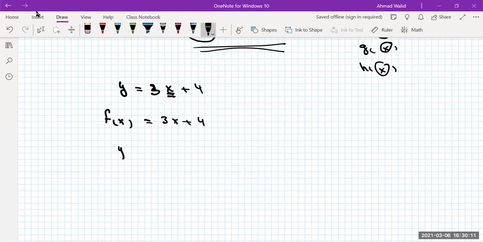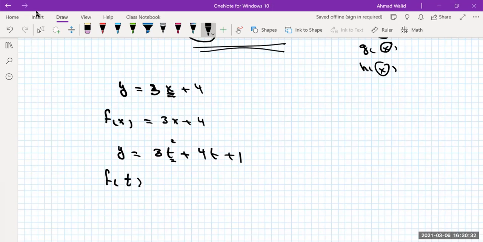If the equation was in this form, y equals 3t plus 4, or for example, 3t squared plus 4t plus 1, then I will write this in function notation as f of, which variable is involved here?